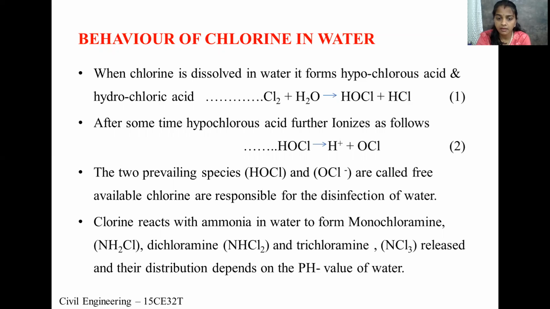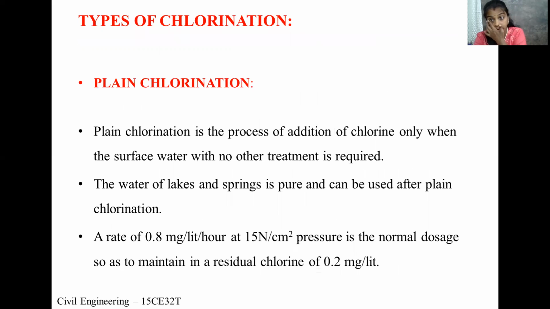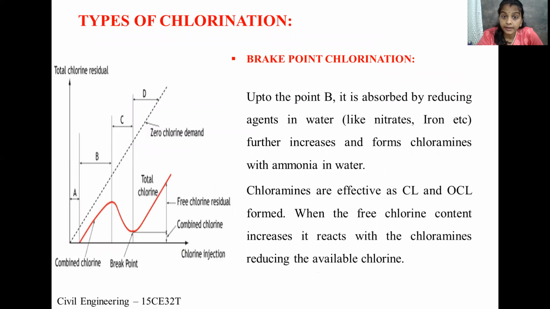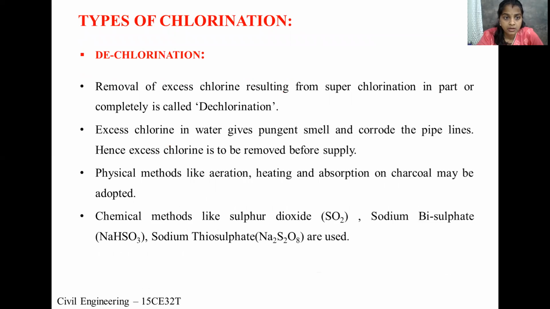All these points I have spoken about, and I have told in detail about the types of chlorination. One is plain chlorination, another one is super chlorination, then is breakpoint chlorination, then is dechlorination. All these are types of chlorination I have spoken about.